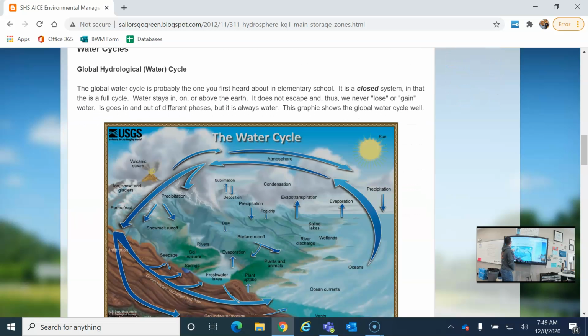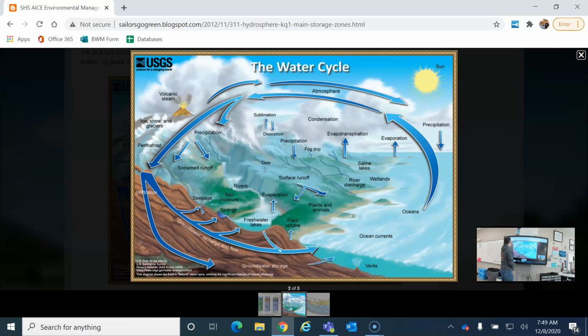So how does it move around? Now, the thing about the water is that it's a much quicker cycle. It is called the water cycle. I'm sure you learned about that in elementary school. Or we call it here the hydrologic cycle. You have a lot of different processes, and you may have learned a song about that or something like that in elementary school.